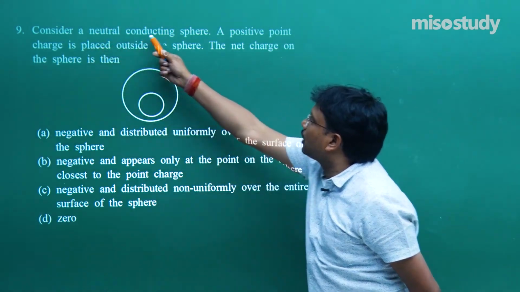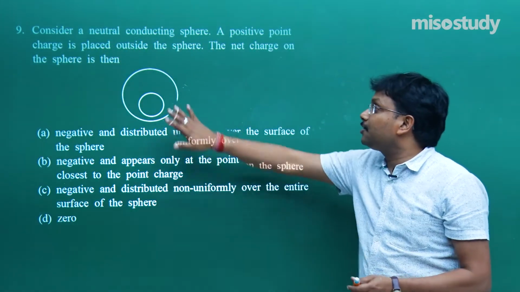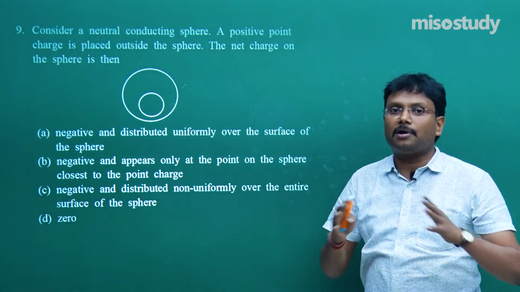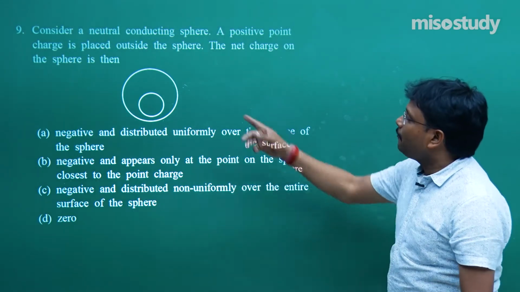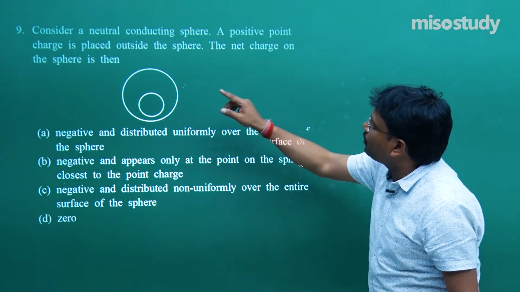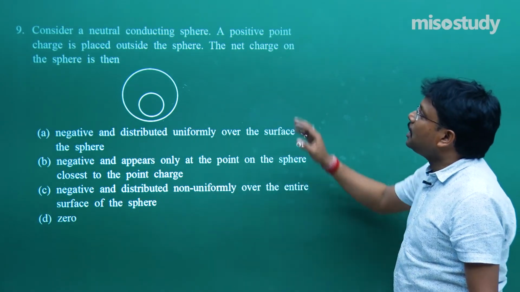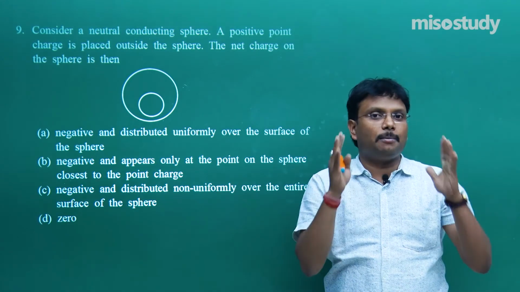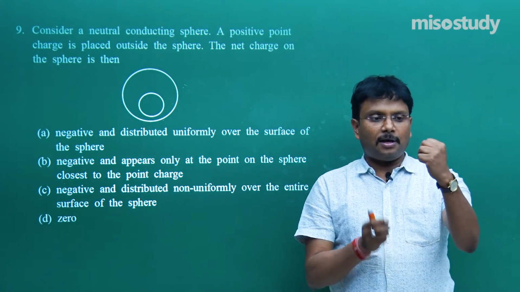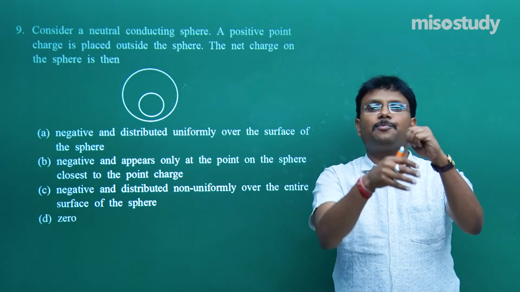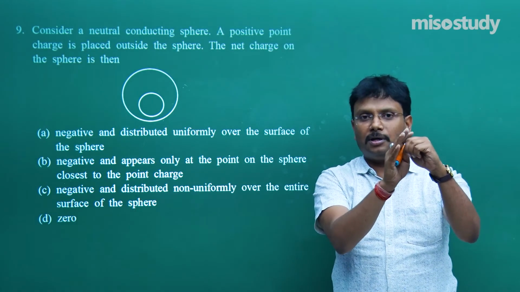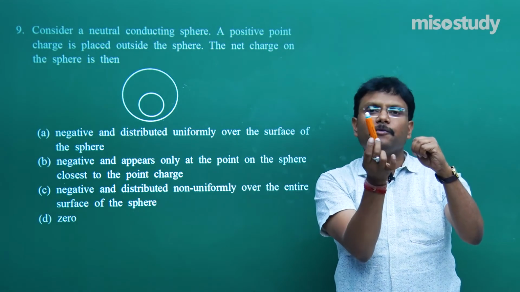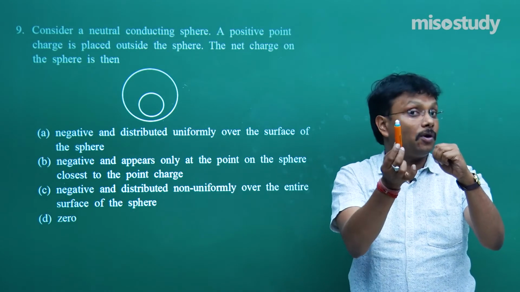Initially, neutral conducting sphere. It means this sphere is made up of iron, copper, silver, gold, whatever like that. So if you place a positive point charge outside the sphere, the net charge on the sphere, the very first thing that definitely comes in the minds of the students, let's say, just for the sake of imagination, let's say this is the conducting neutral sphere, and if I am placing this chalk holder with some positive charge over here somewhere, what will happen?